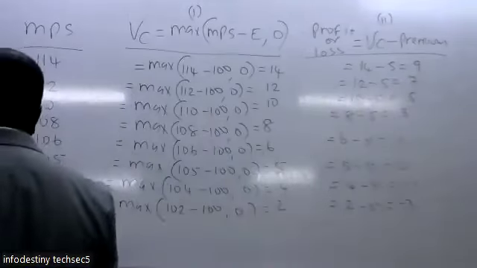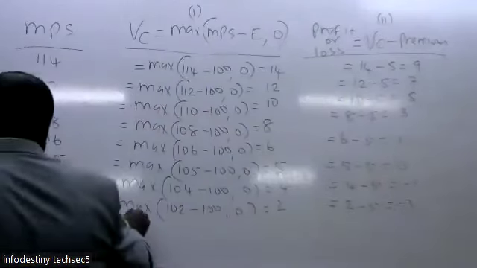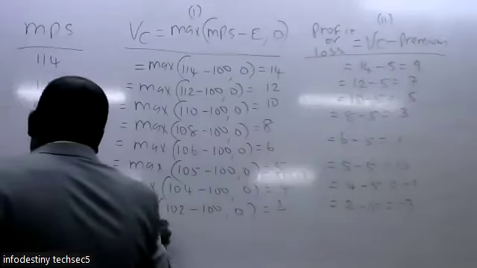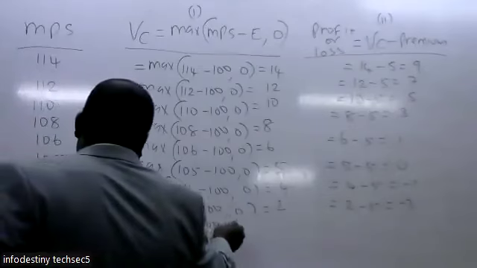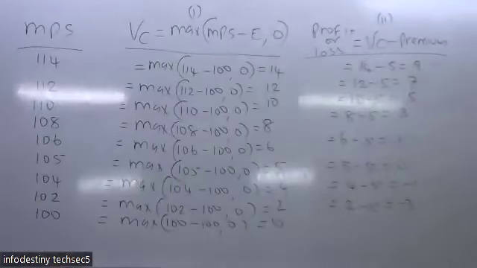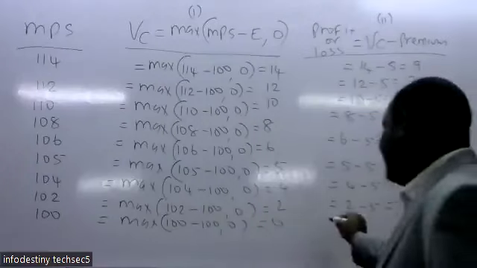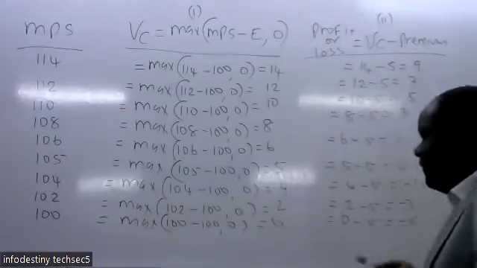The next one is 100. It will also be maximum 100 minus 100. So this one will give us a 0. So whereby you get a 0 minus 5, will be -5.